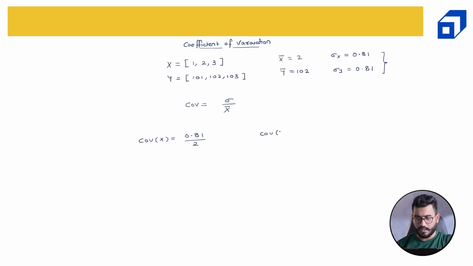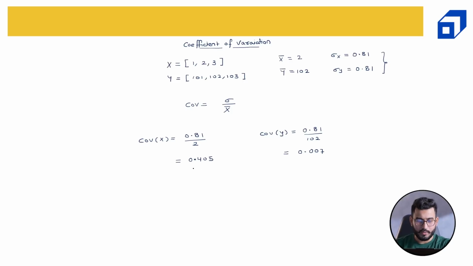For Y, it would be 0.81 divided by 102. So this would be 0.405 and this would be 0.007.